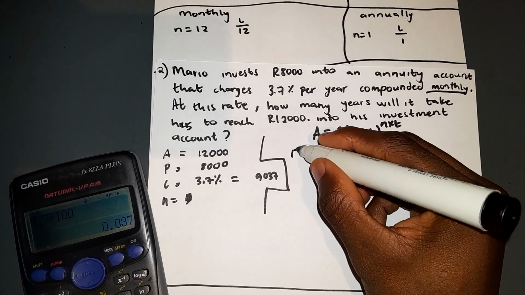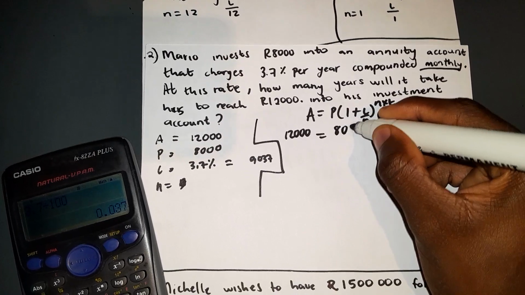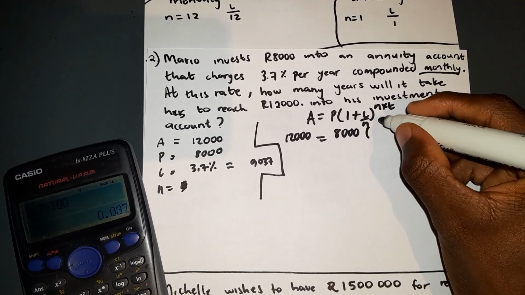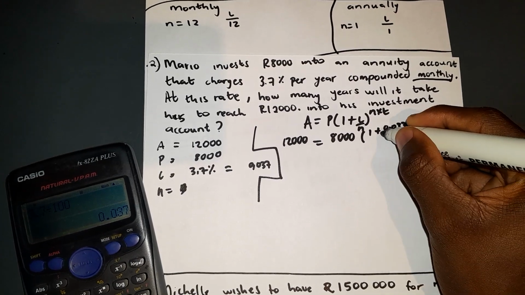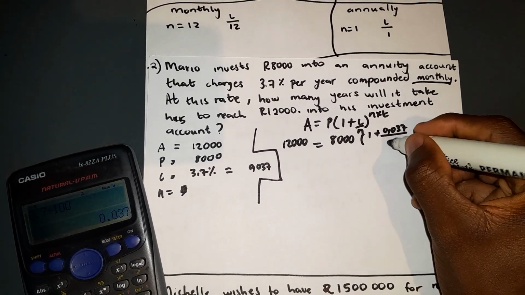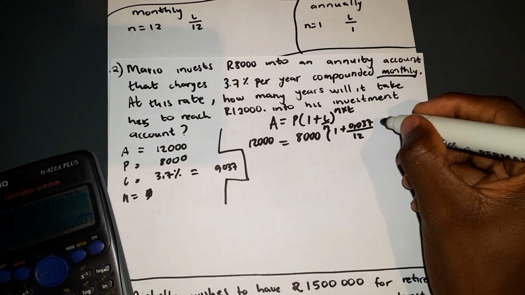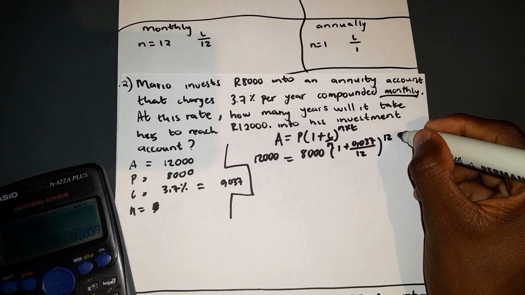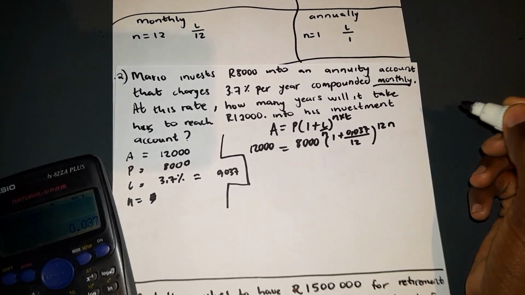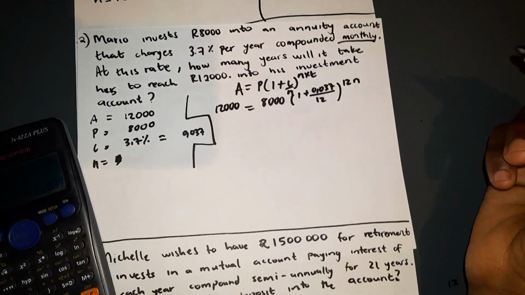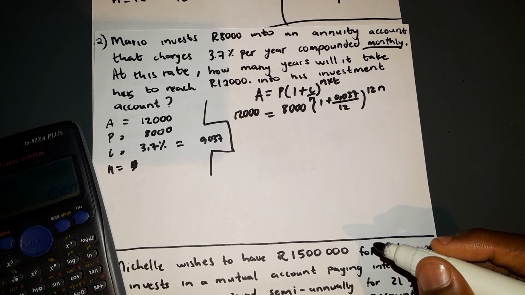So here 12,000 rands and 8,000 rands, 1 plus 0.037 over 12, you still remember monthly, over 12, and n times 12. You can just do 12n. So now here, what's the first step that we need to do?